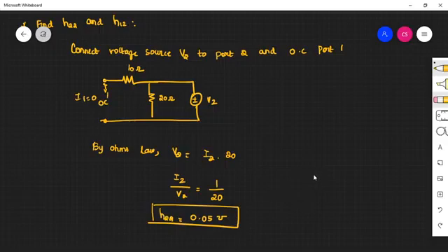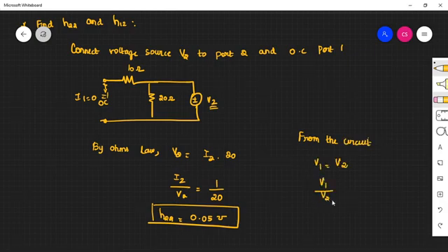Next, to find the parameter H12, when you observe the circuit, we can say that it is symmetrical. Because I1 has become 0, the two voltages will be the same, so V1 will be equal to V2. Therefore the ratio V1 by V2 is equal to 1, and V1 by V2 is nothing but H12.